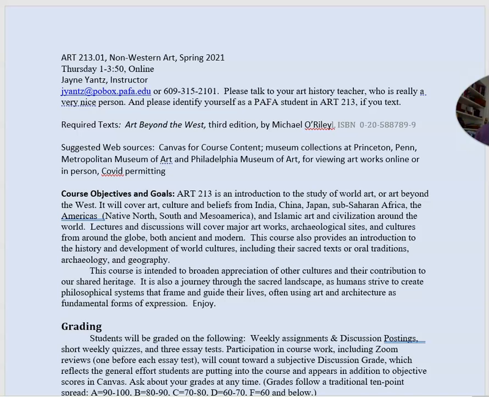This course also provides an introduction to the history and development of world cultures, including the sacred texts or oral traditions, archaeology, and geography of the folks we will be studying. It would just, for example, be impossible to talk about Islam without discussing the Quran, the holy book of Islam.